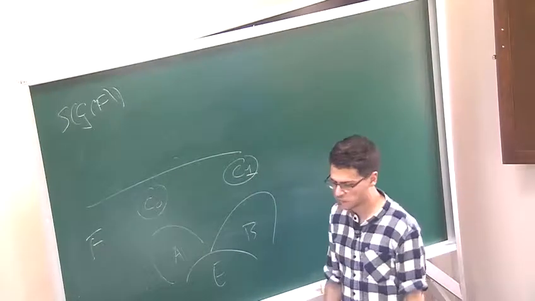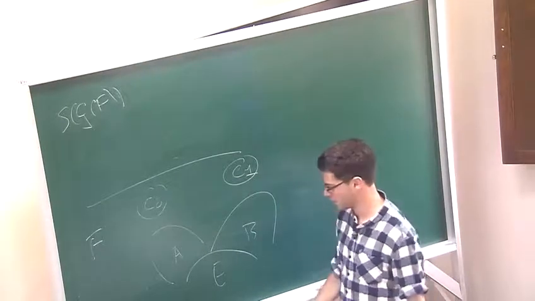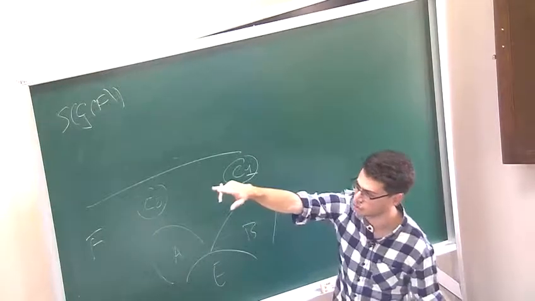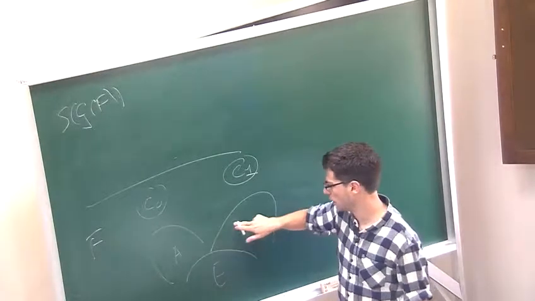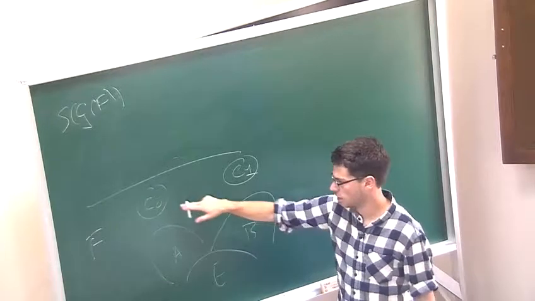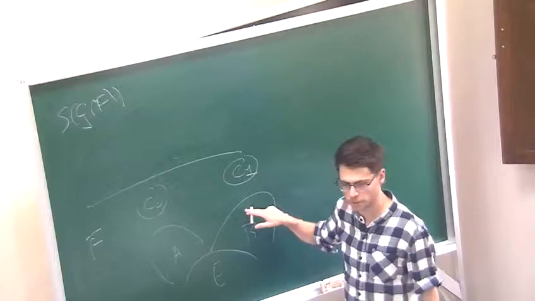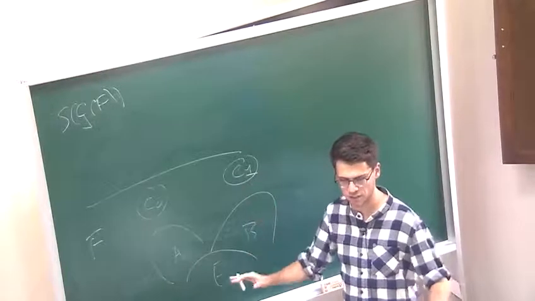What does that mean? You have a substructure, in this case an elementary substructure E. You have A and B, which are independent over E, and you have C0 and C1, which have the same type over E, and C0 is independent with A, and C1 is independent with B. These are the hypotheses of the independence theorem.